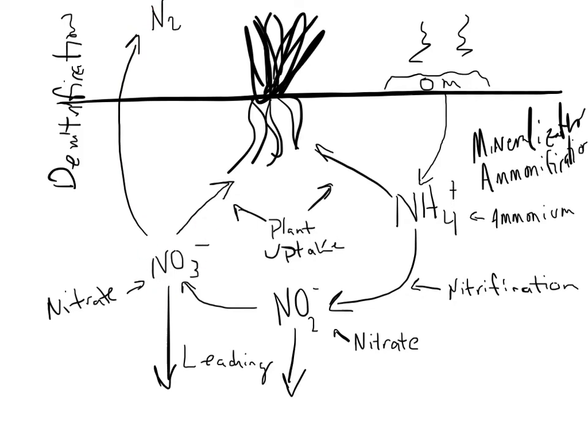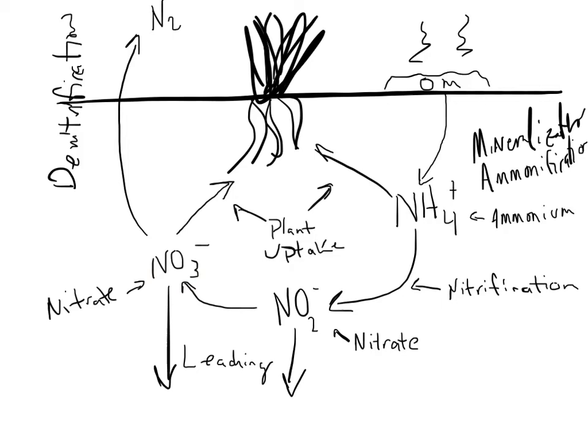Later on, when we talk about fertilizers, you're going to see that we have different types of fertilizers that, when we place them on the soil, go into these particular pools here. They are a nitrate form of fertilizer, so instead of going through this whole process here, they go directly into this pool of nitrate that becomes available for plants.